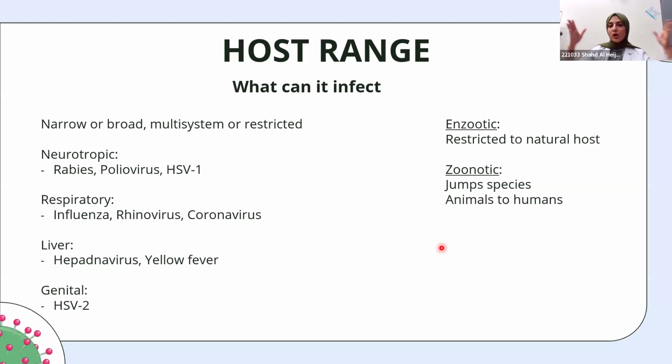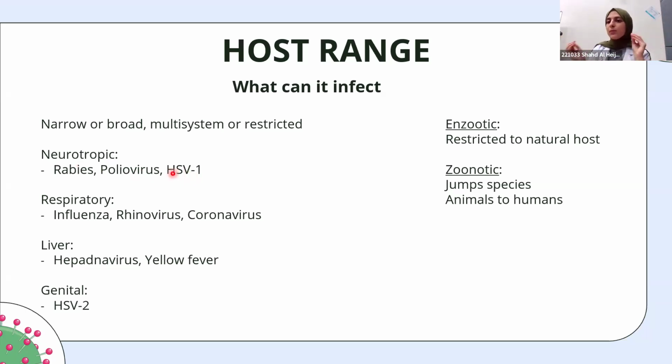It can either be a broad host range, where it can infect many cells, many different species, or it can be narrow, where it can infect one thing only. For example, you have neurotropic viruses, which are viruses that have preference for the neurons or for the CNS, which are rabies, poliovirus, and herpes simplex virus 1.